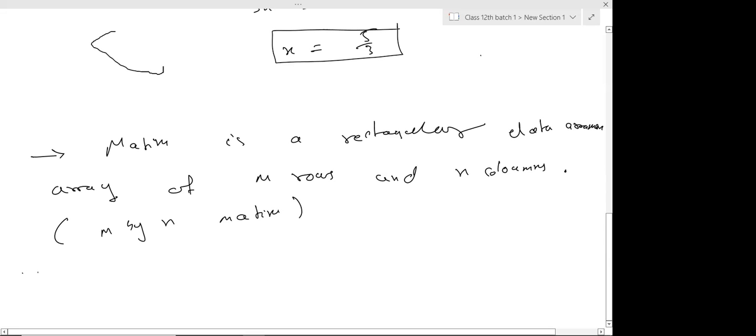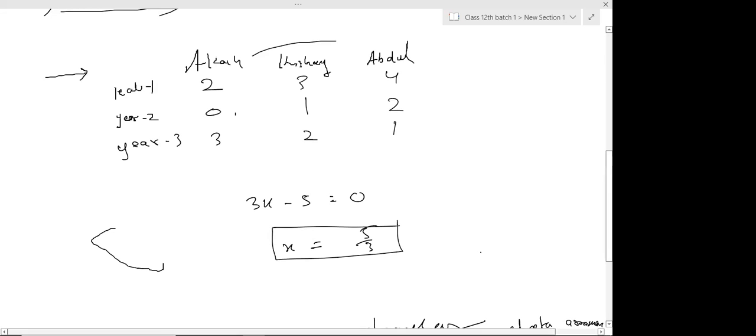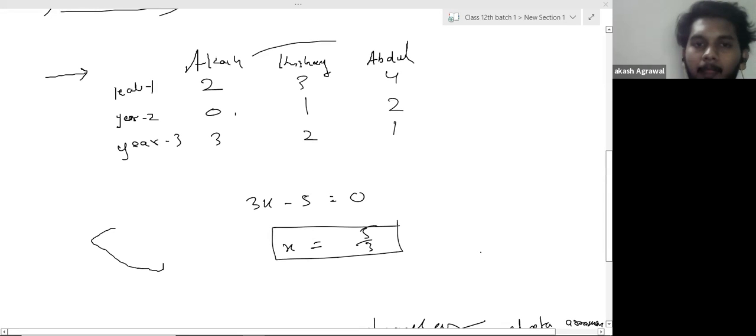What this means is there are some specific rows and columns. If you look at this example, how many rows do we have? This is one row, this is second row, this is third row, this is fourth row. And in columns, this is first column, second column, third and fourth, right?